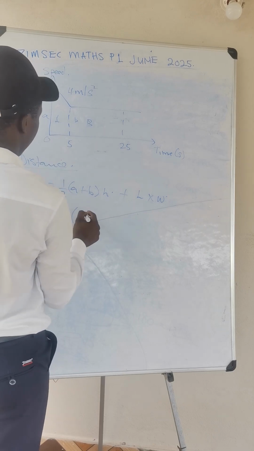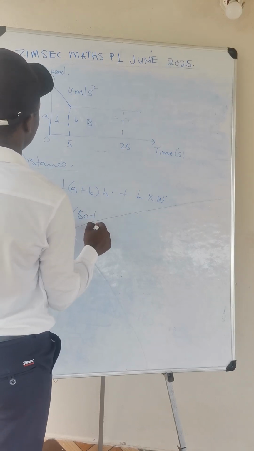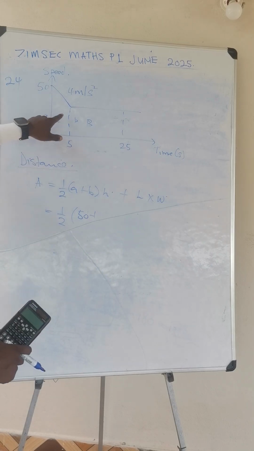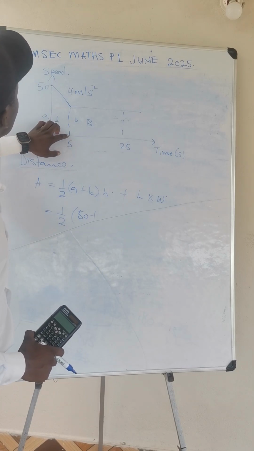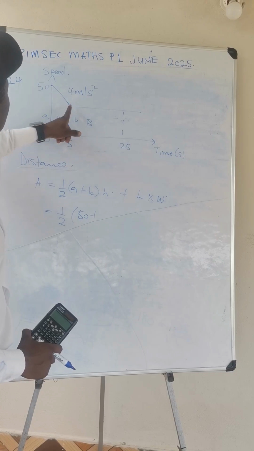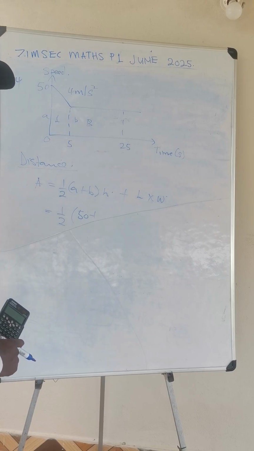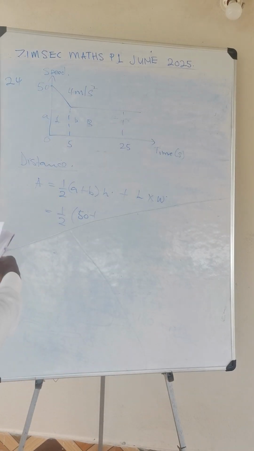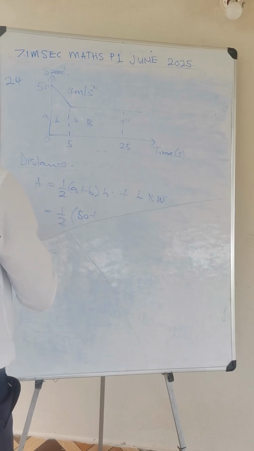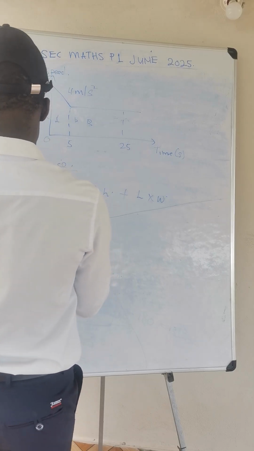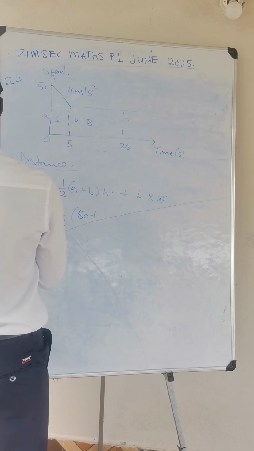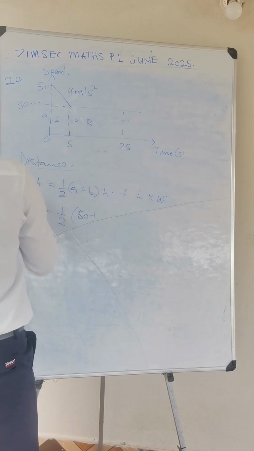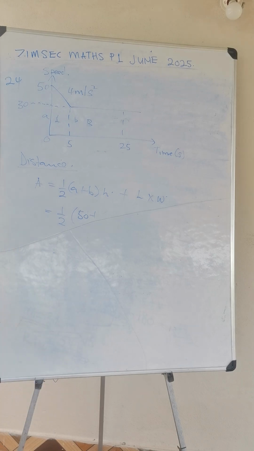Half, what? A is 50 plus this point. This one is 30, the one we calculated before.